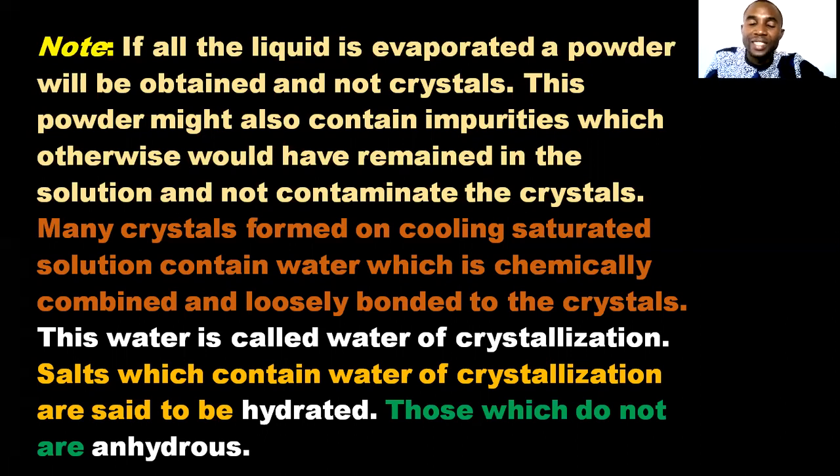So any salt that contains water of crystallization, we call it a hydrated salt, which is not anhydrous. Those that do not contain water of crystallization, we call anhydrous. But the one gotten through the crystallization process contains water of crystallization, and they are hydrated salts.